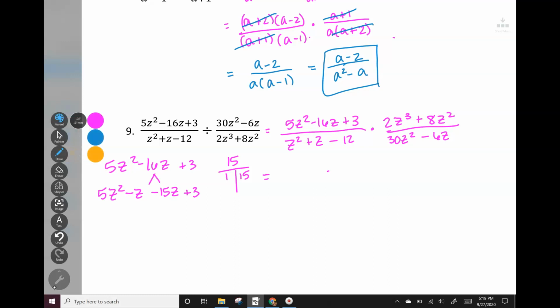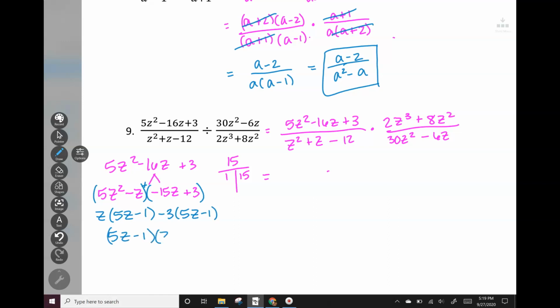Okay, now factoring by grouping here. Okay, so I've got that first numerator factored, and so 5z minus 1, z minus 3.